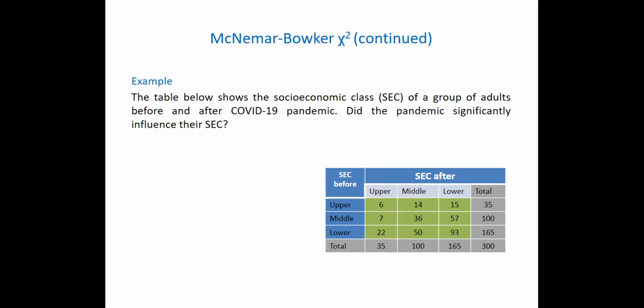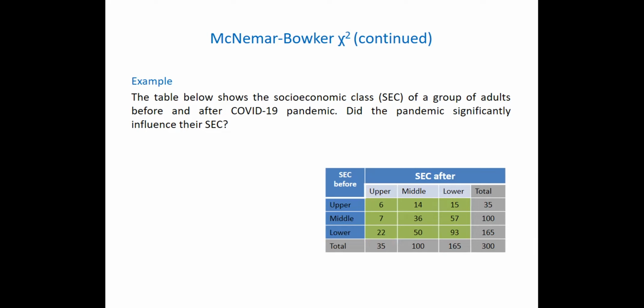So it's possible some people become poor, or their socioeconomic class falls after COVID-19. For some people, it will go up. So we are looking at socioeconomic class in the context of upper, middle, lower. What is the socioeconomic class before, then after?